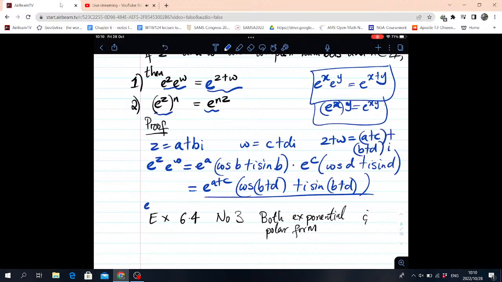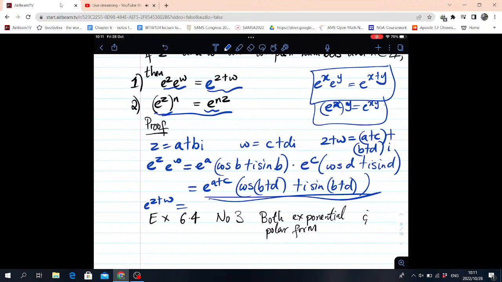So if you then calculate e to the z plus w, you get the same expression there, and that will be the end of the proof. So you can also do this one for yourself, so leave it as an exercise.